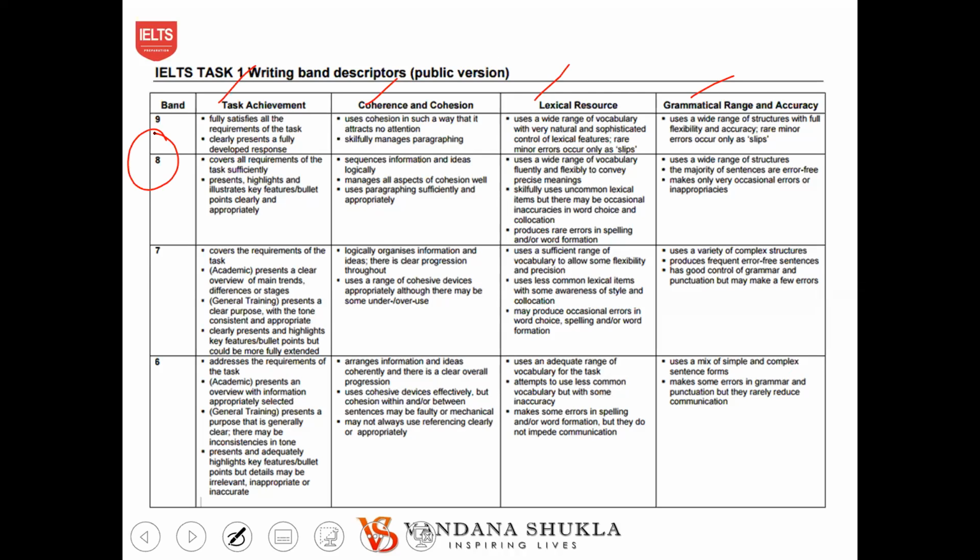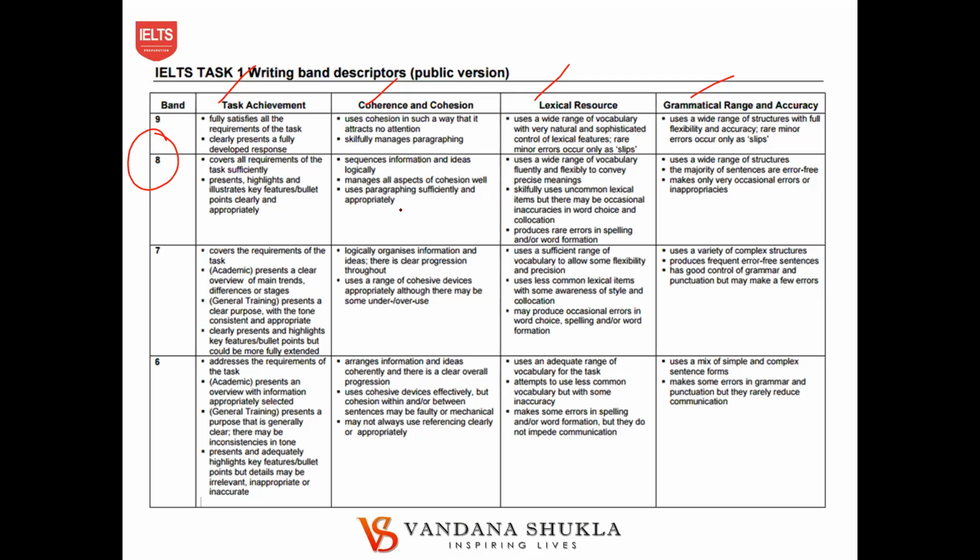So the requirement of the task was to send a letter to your friend, and it had three subheadings given to you. So did you cover them all? It presents, highlights, and illustrates key features or bullet points clearly and appropriately. So, are you presenting those questions clearly and appropriately?